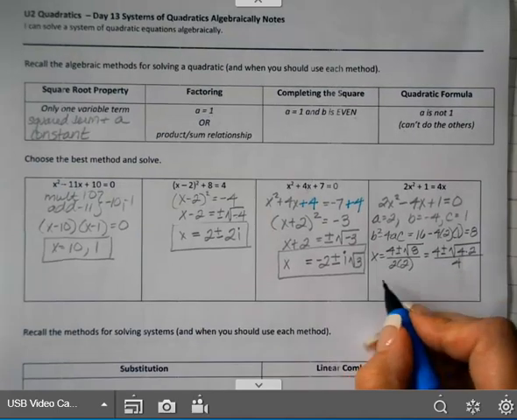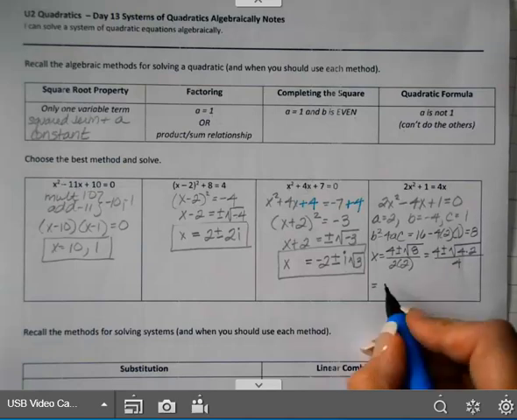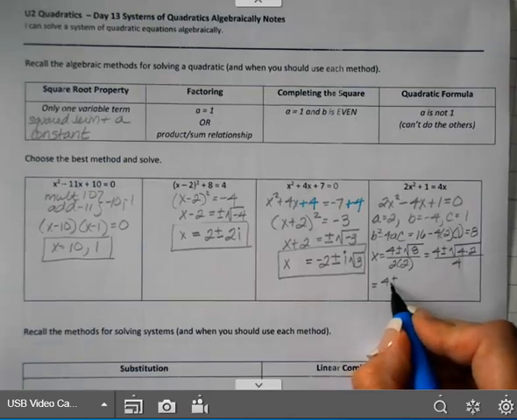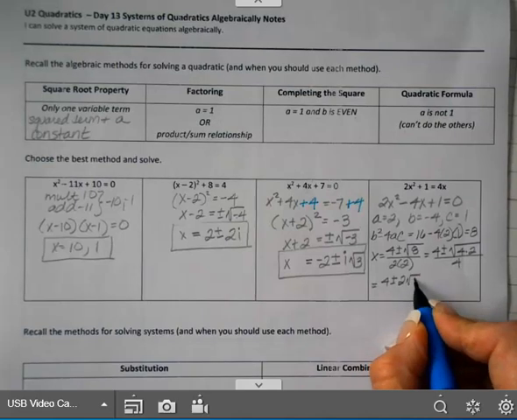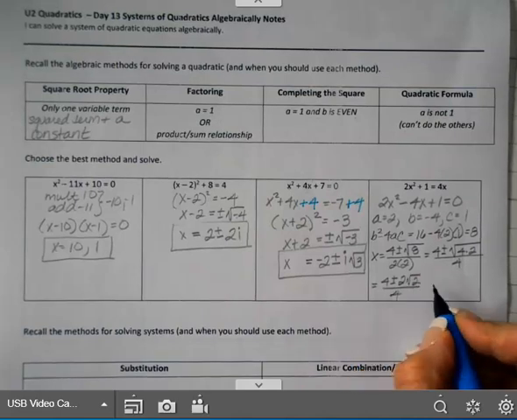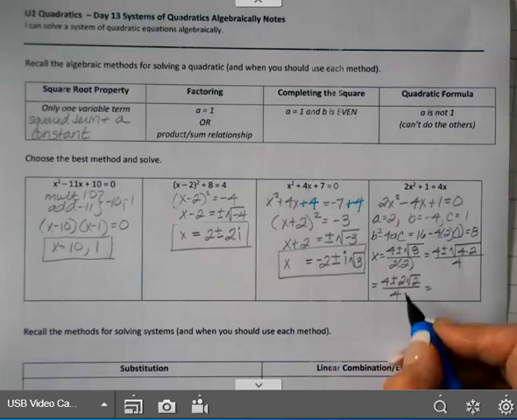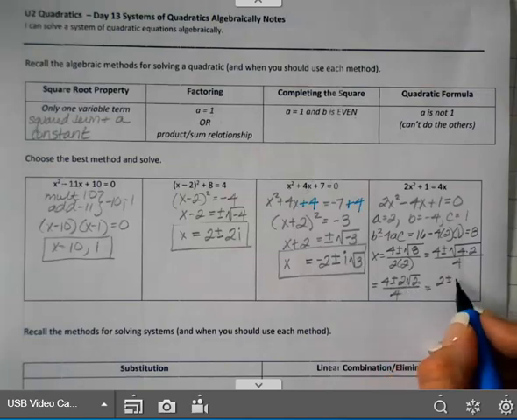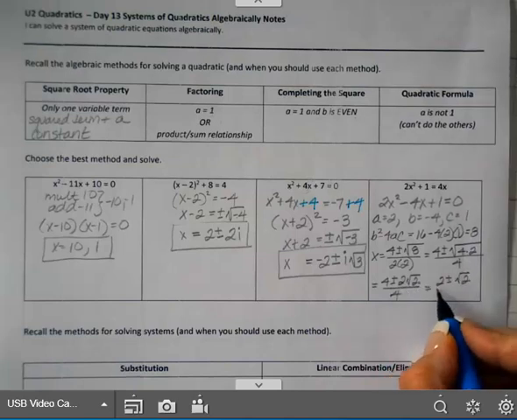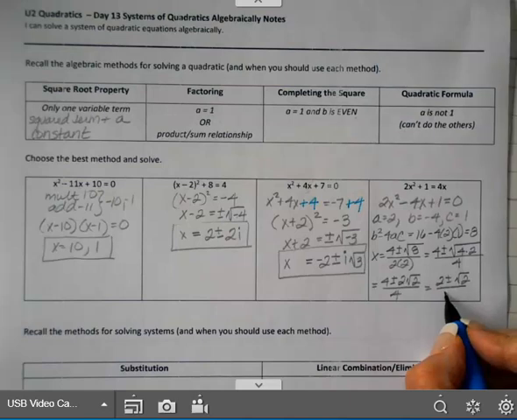That was over 4. And now this will be 4 plus or minus square root of 4 is 2. The radical 2 is left inside, and that's all over 4. And those are all divisible by 2. So if I divide that by 2, I get 2. Divide this term by 2, I'll just have the square root left of 2. And divide that by 2, and I'll have 2.